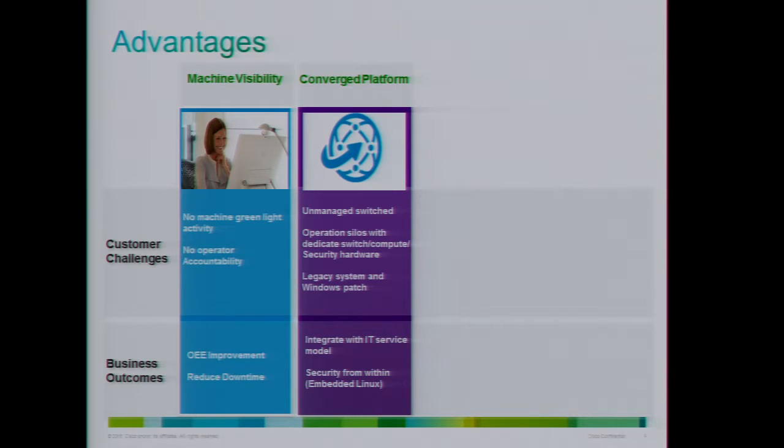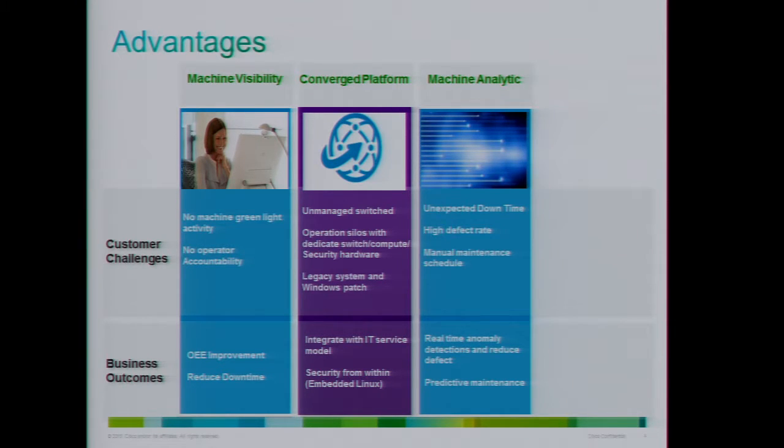Converged platform. As we saw, the whole firewall, computer, and unmanaged switch, everything can be converged into one box. So it's a converged platform, way cheaper than what you can do with those three devices. Analytics. As I said, you can see real-time anomaly detection on your machine, and you can take immediate action.